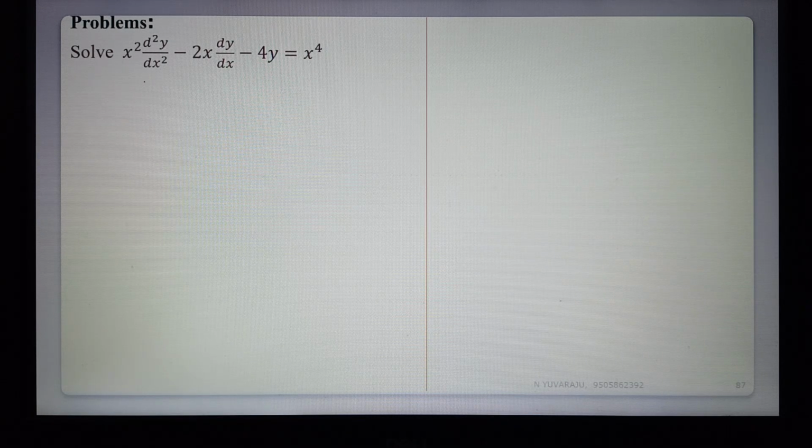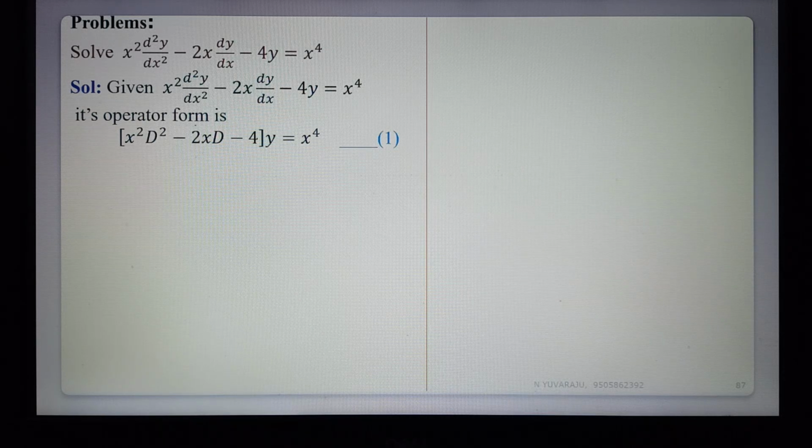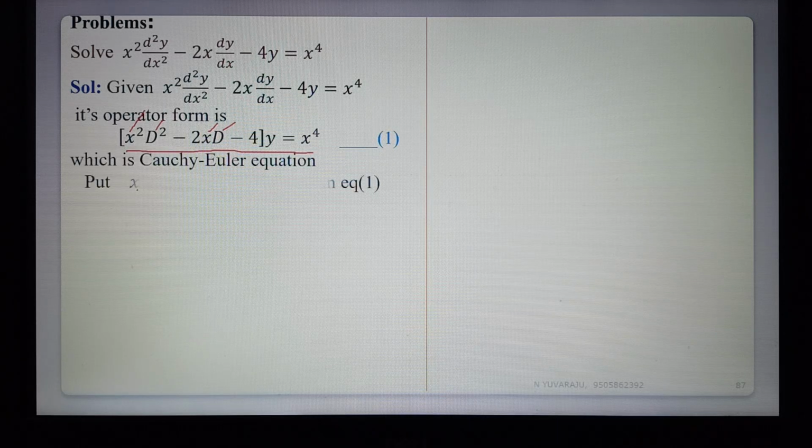Write the operator form first: (x^2 D^2 minus 2xD minus 4) y is equal to x^4. Observing here, this is clearly a Cauchy-Euler equation. See, this is x^2 D^2, xD, and a constant. So this is a second order Cauchy-Euler equation.